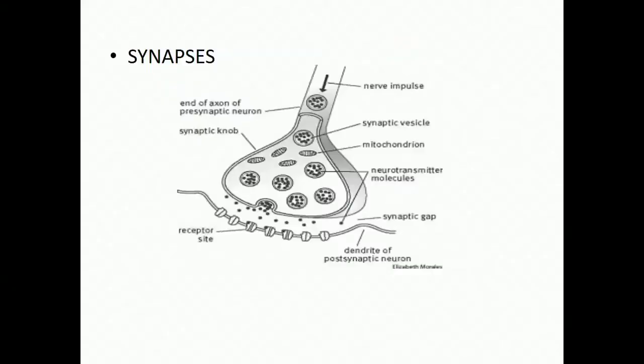The next thing that I would like to talk about is the nervous system. This topic has to do with the synapse. This topic is about how nerve impulses move, or we use the word transmitted, from one neuron to the other.